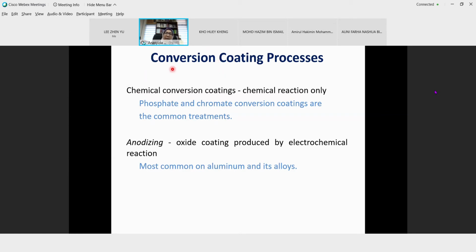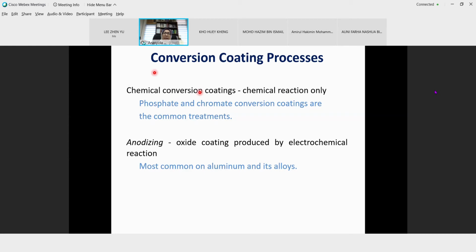For my case, I combine. So chromating and phosphating fall under conversion coating, but some books only consider phosphate and chromating as conversion coating. So it depends on the reference that you use. Okay. For this case, we combine.